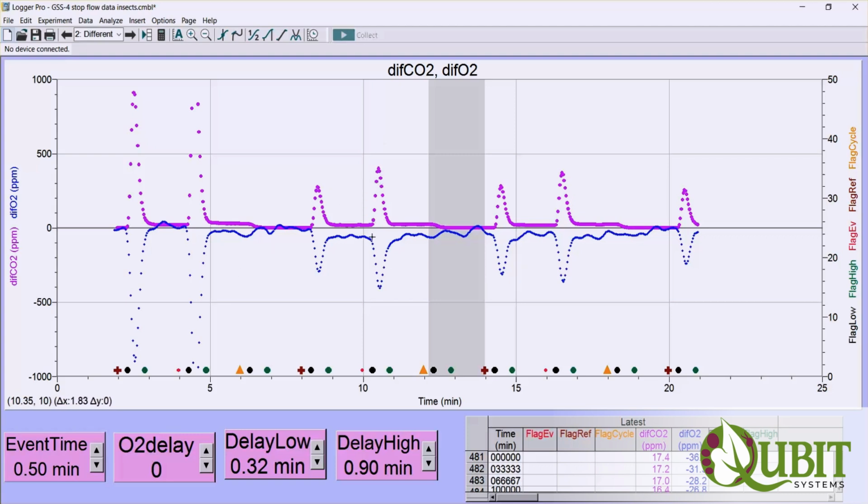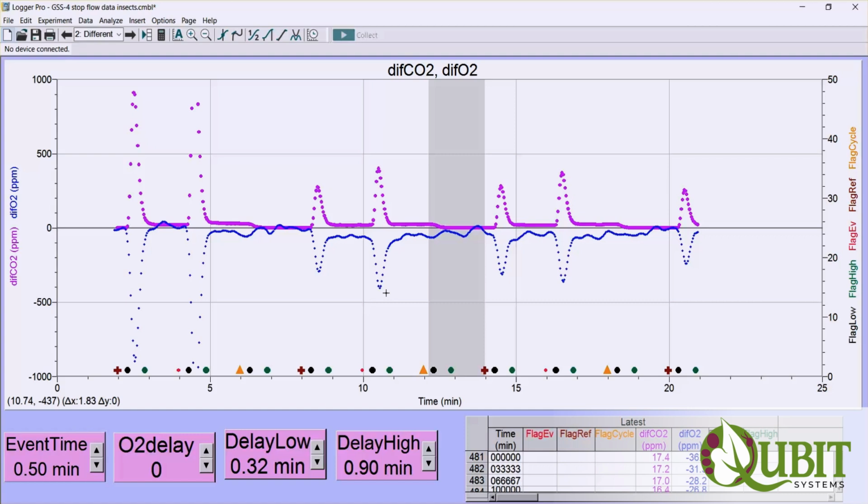The CO2 and oxygen signals may not be aligned because the oxygen analyzer comes after the CO2 analyzer. So oxygen is measured after CO2 is measured, and depending on the flow rate and the volume of the chambers, there may be a misalignment in those signals.